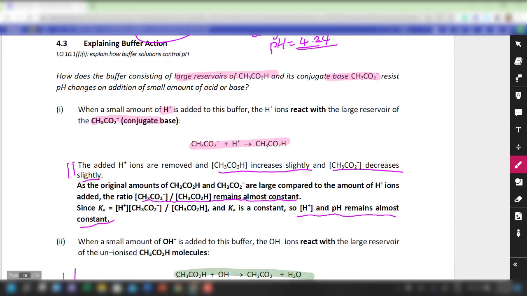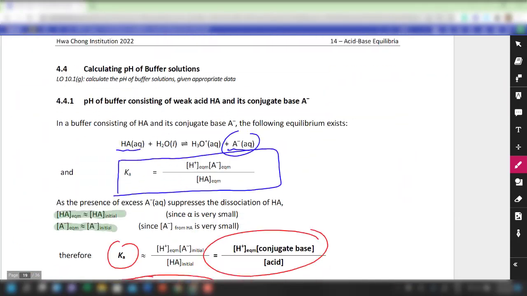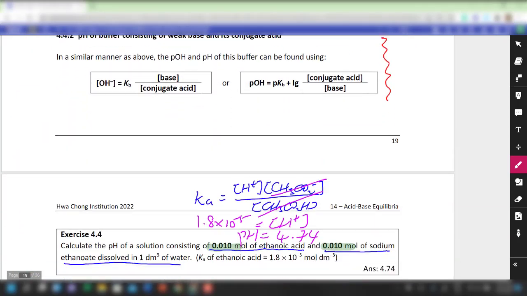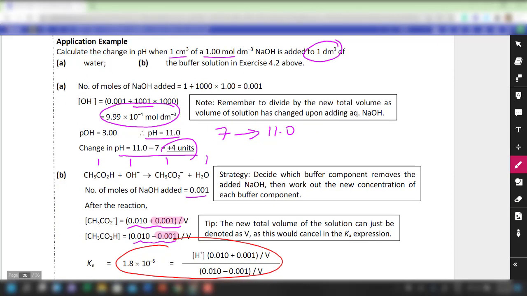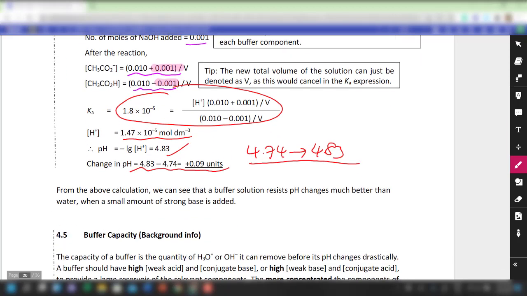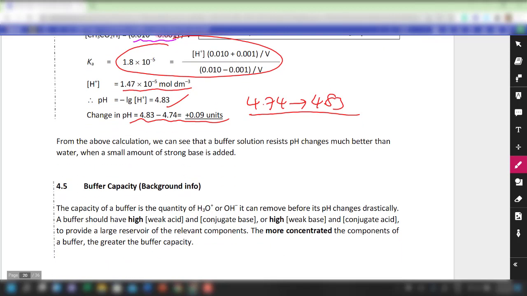And then if you're unsure, you can go back to this, and you can see that we have done some calculations over here, the equations, and then an application example which shows you how a buffer resists change in pH. Okay, yeah, remember the word is resist the change in pH. Yeah, the pH will still change at the end of the day. Yeah, that is something you have to recognize.